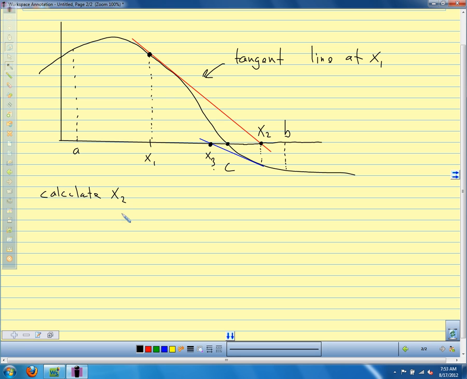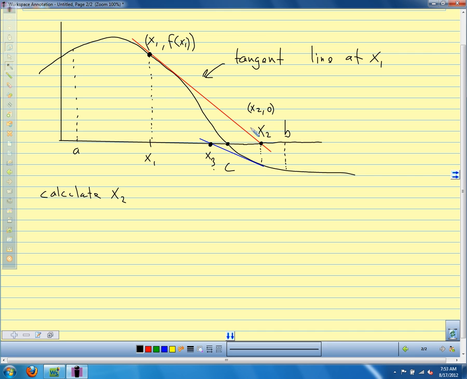So up here at our initial guess, this point is x1, f of x1. And here our point is x2, 0. That's this point here. So let's make the equation of this tangent line.